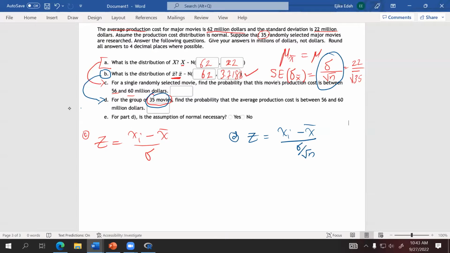These are two different questions, right? So the first one is saying, if I select one movie, what is the chance that the cost will fall between 50 and 60? The second one is saying, if I select 35 movies, what is the chance that the average is above that?